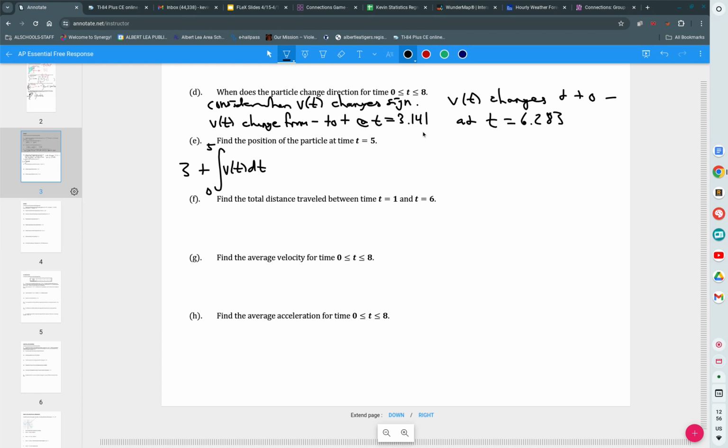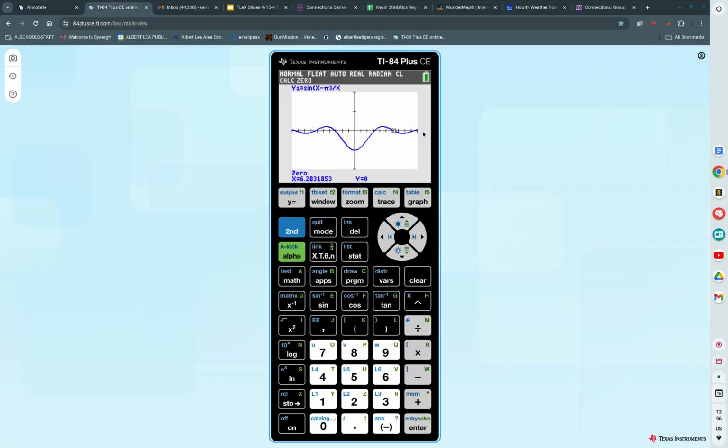Okay, so all we need to do is then 3 plus whatever that ends up being. So I'm going to go ahead, take this, I will second calculate, I'll do number 7. Do you think it's traveled more to the left or more to the right? More to the left because you have more area that is negative. Very good. So I'm going to go 0, enter, all the way up to 5, enter, and I get negative 1.549.